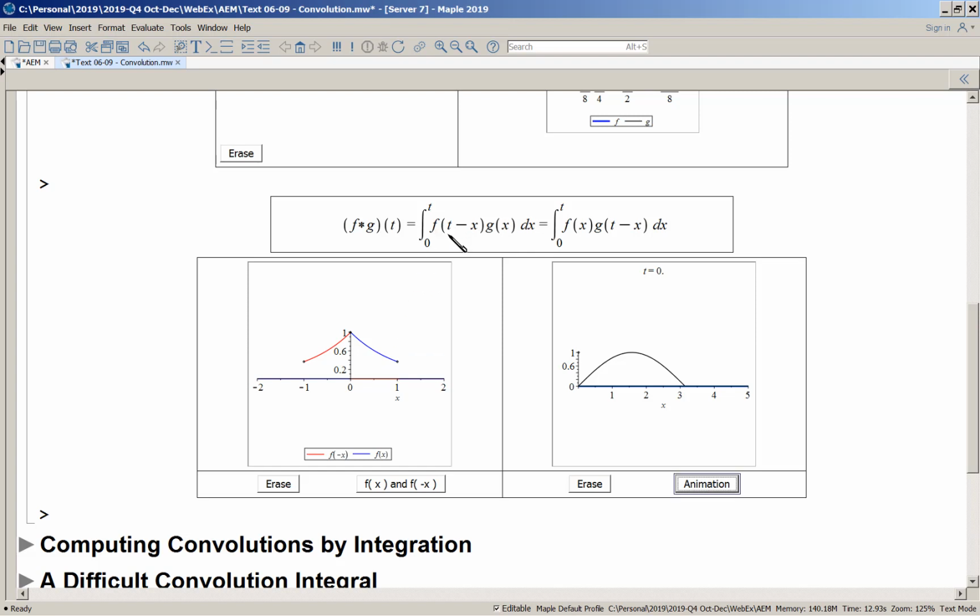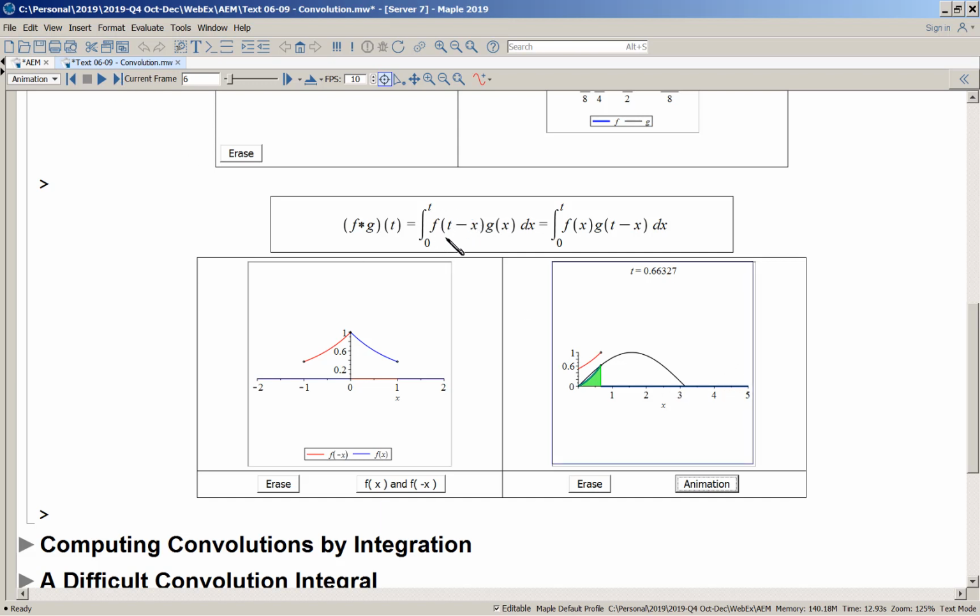As t increases past 0, this red curve shifts to the right, and this is what this animation is going to show. So I'm going to just shift forward to the right. And what's happening here?